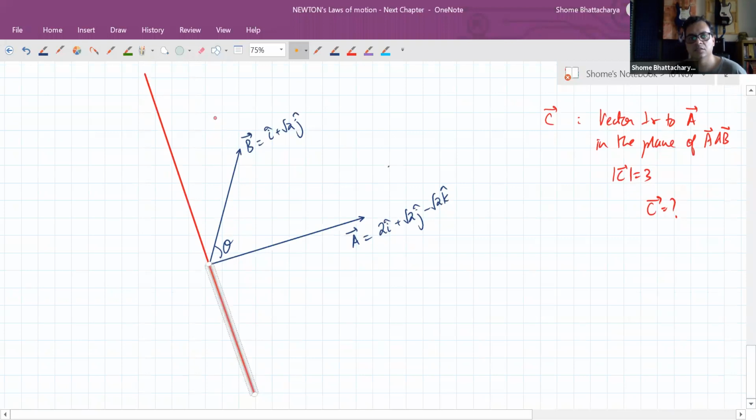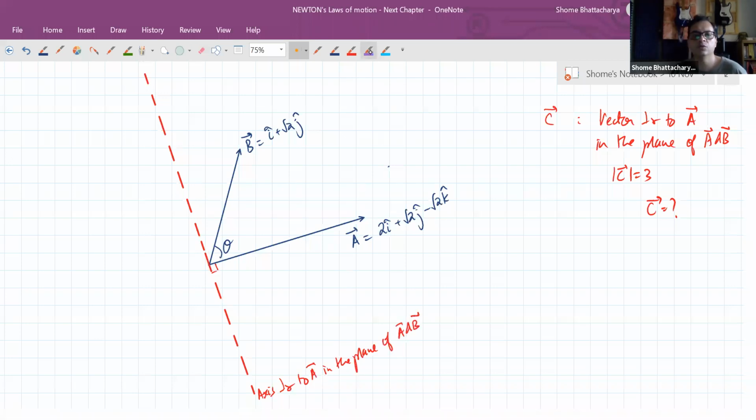We can draw an axis like this which is perpendicular to A but lying in the plane of A and B. If you draw a parallelogram or a triangle using A and B, it lies in the plane of the screen. So this is the axis which is perpendicular to A in the plane of A and B. This is the first thing.